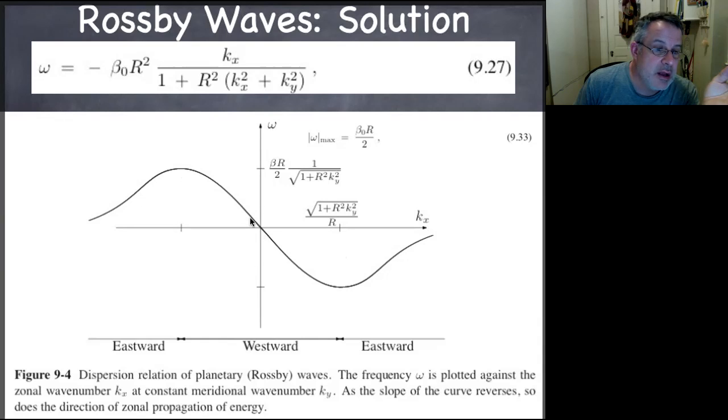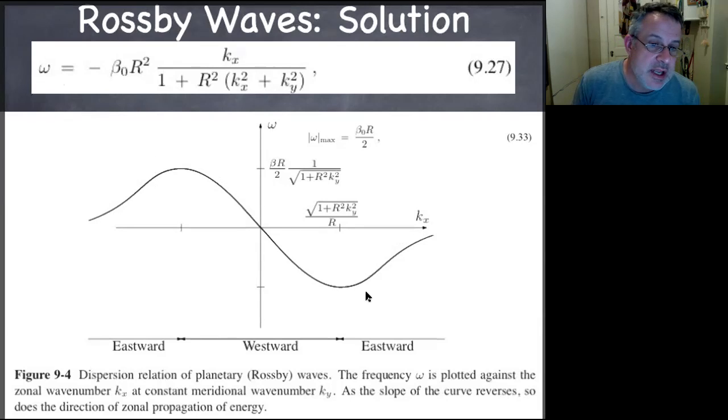Omega is positive, then negative. It is negative for positive kx. It is positive for negative kx. So omega divided by kx is always negative. The phase speed of a Rossby wave is always negative. That is westward. The group velocity of a Rossby wave, d omega dk, has to do with the slope of this figure.